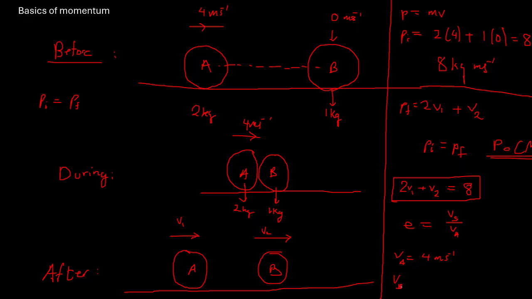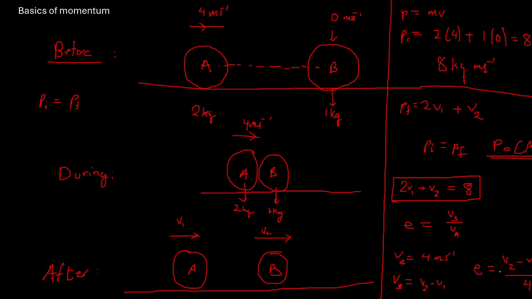Now VB is going to be forward velocity minus backward velocity, in which both of them move in the same direction. So this will be V2 minus V1. So if I was to write the coefficient of restitution, I would say E equals to V2 minus v1 whole divided by 4. That is exactly how I would write E.